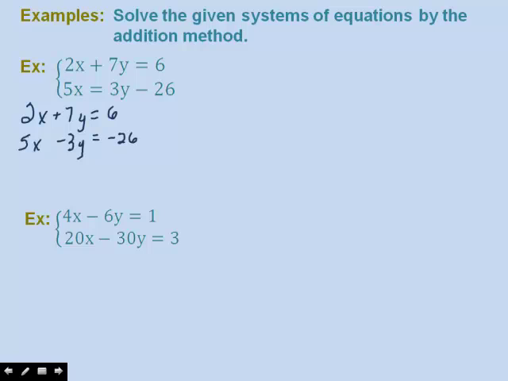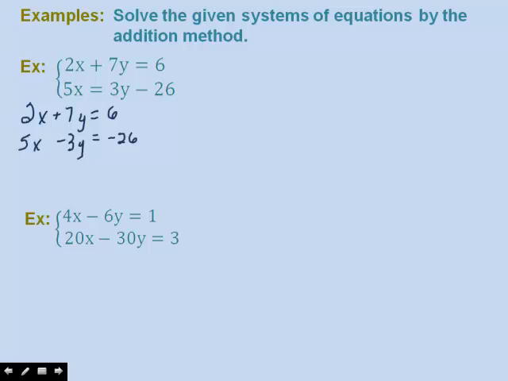Now, looking at these, we need to figure out what we can do to get one of the variables to be eliminated when we add our equations together. And in this one, actually, we're going to need to multiply both equations by something in order to achieve that. One way you can do this is just pick one of the two variables that you want to eliminate and look at the numbers that you have. For example, with x, we have a 2 and a 5. The least common multiple of 2 and 5 is 10.